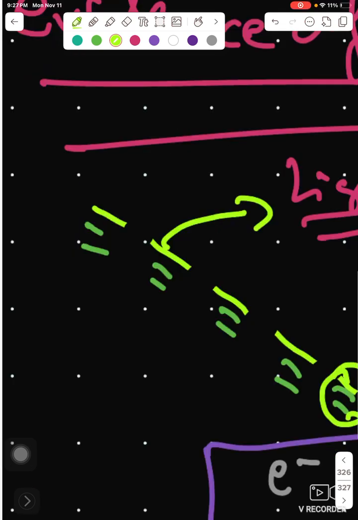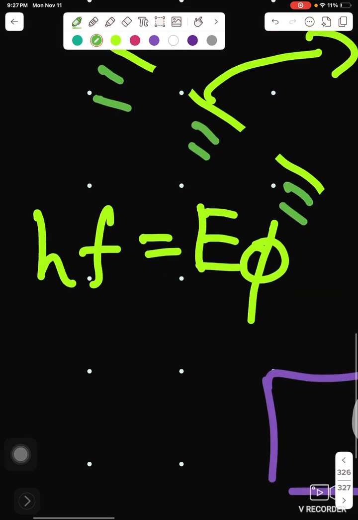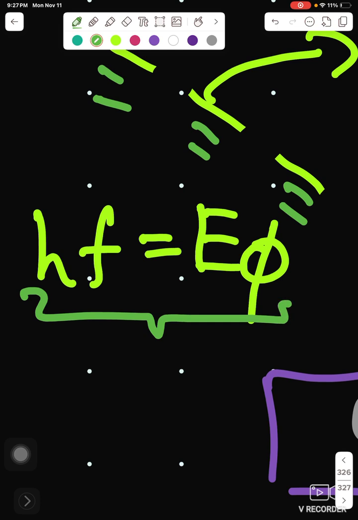But at the same time, if that energy is equal to the work function, the electron will only escape.